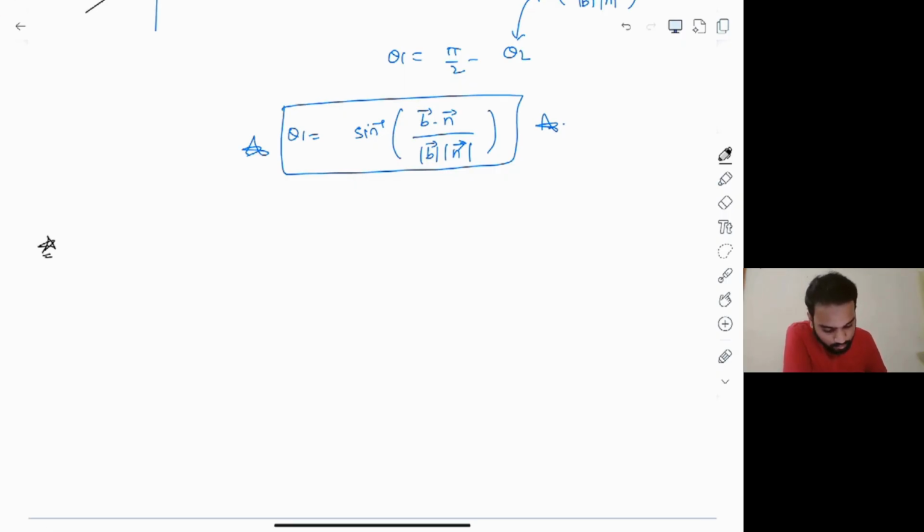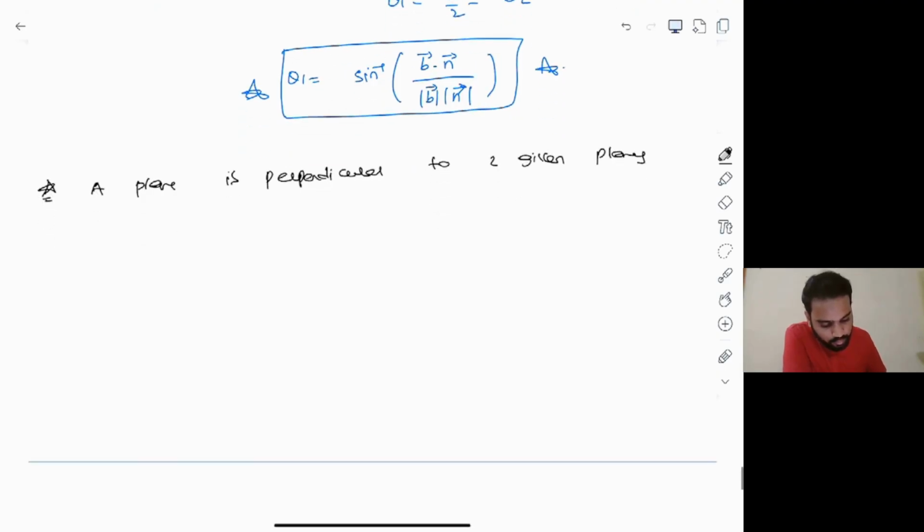Let's say there is a plane perpendicular to two given planes, a1x plus b1y plus c1z plus d1 is equal to 0, and a2x plus b2y plus c2z plus d2 is equal to 0.